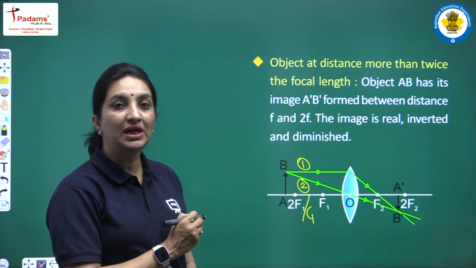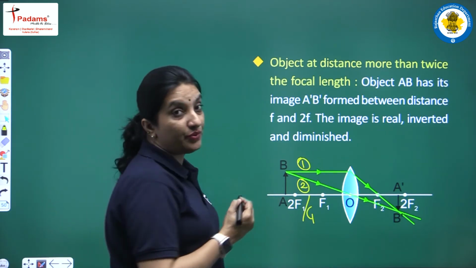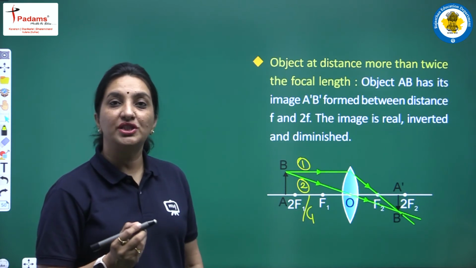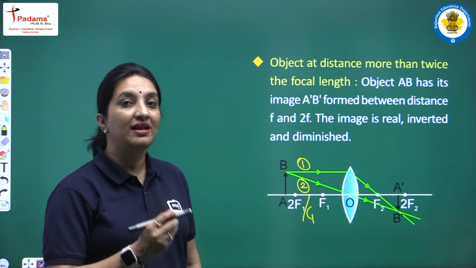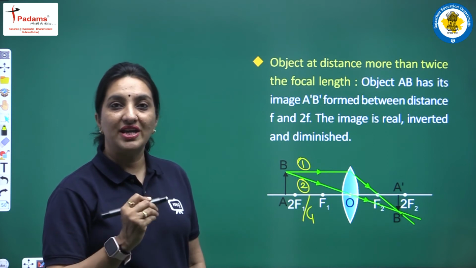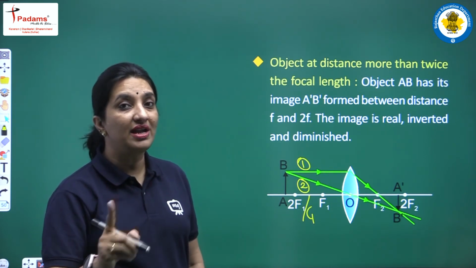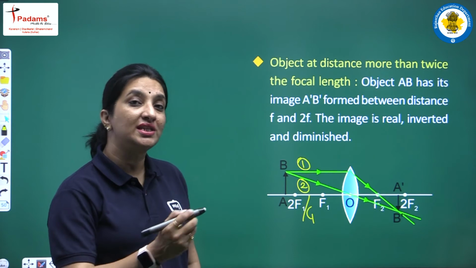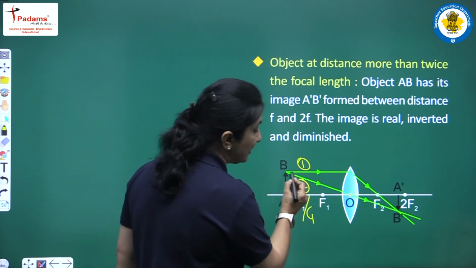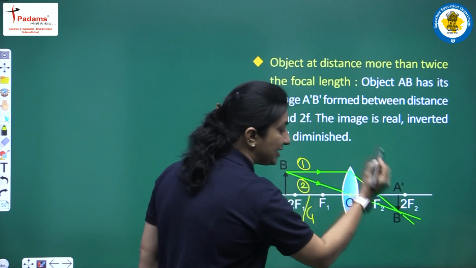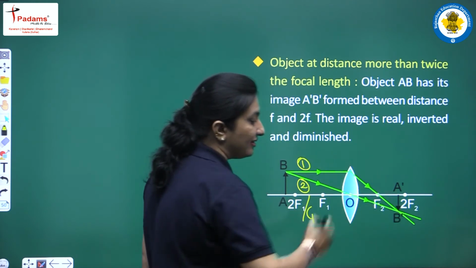As we know, any ray of light which is incident on the optical center goes undeviated, that is, it does not deviate from its original path, it goes straight. So the second ray of light passes straight and they meet at this point.